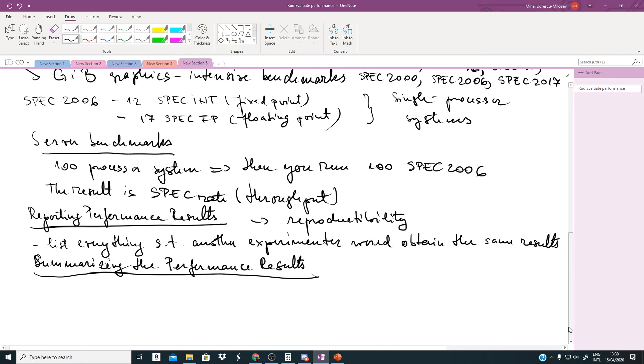So that's why you will use not the natural or original SPEC, but rather a SPEC ratio.